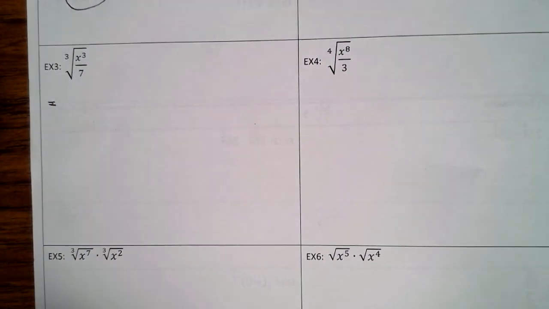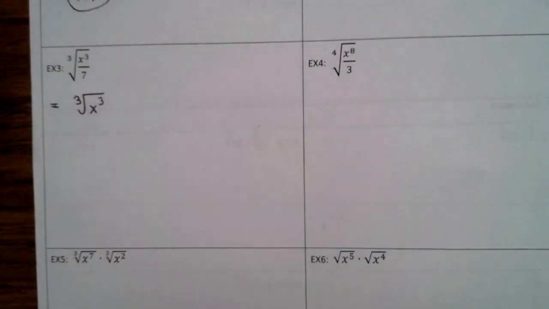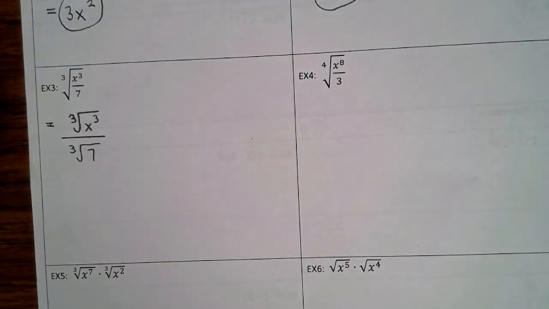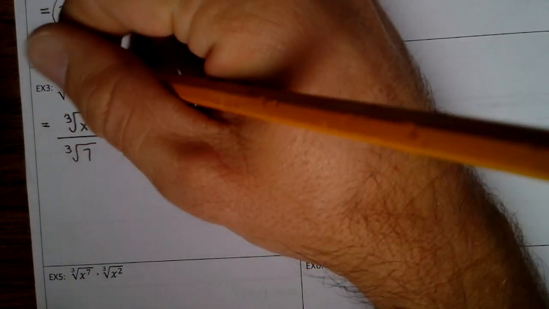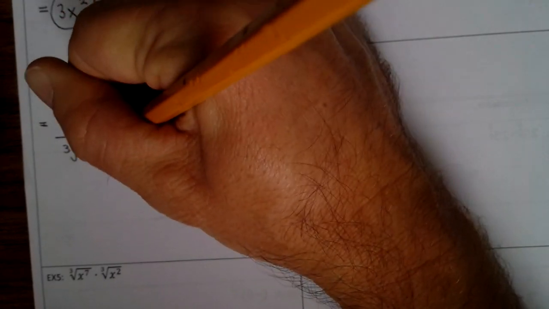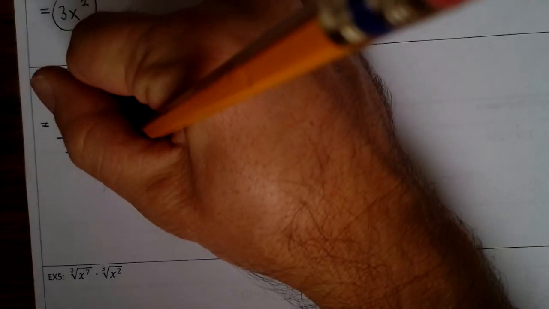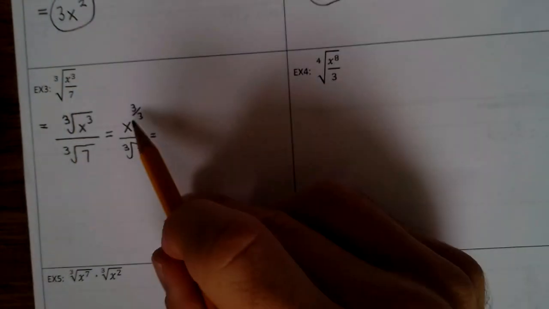So this is equal to the cube root of x cubed divided by the cube root of 7, which equals x to the 3 divided by 3 divided by the cube root of 7, which is x to the first power, but x to the first power is just equivalent to x.